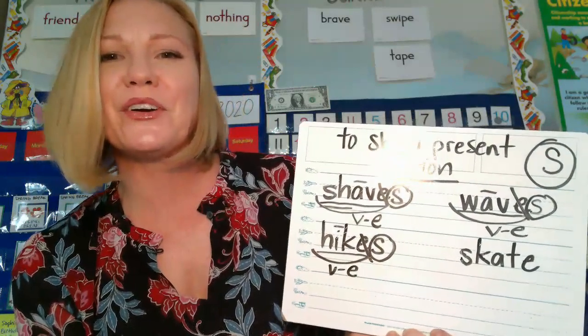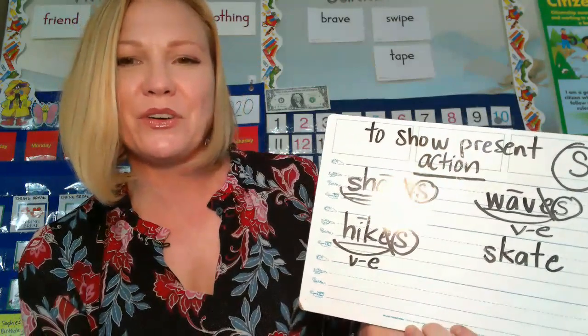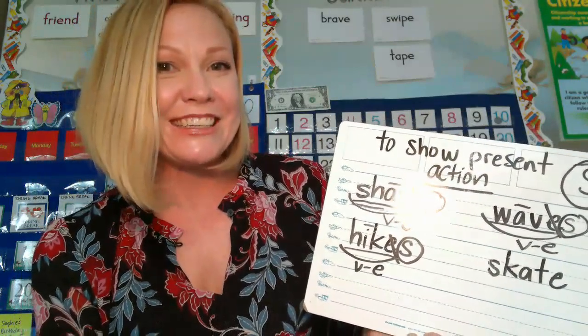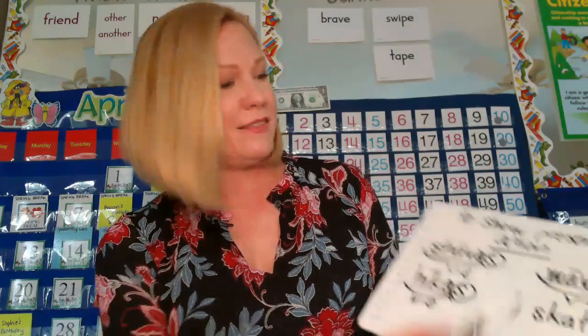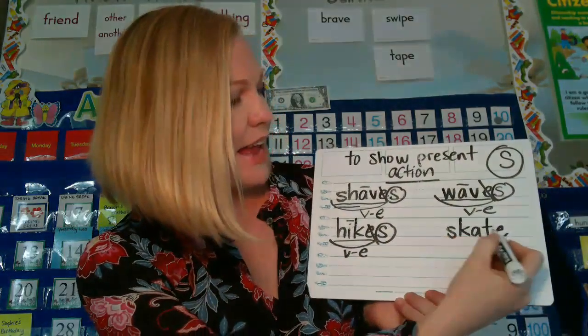One more word. Let's write the word skate. Ready? Grab it, tap it, write it, mark it. Skate. Write it down. Don't forget that first consonant blend. There it is, skate.